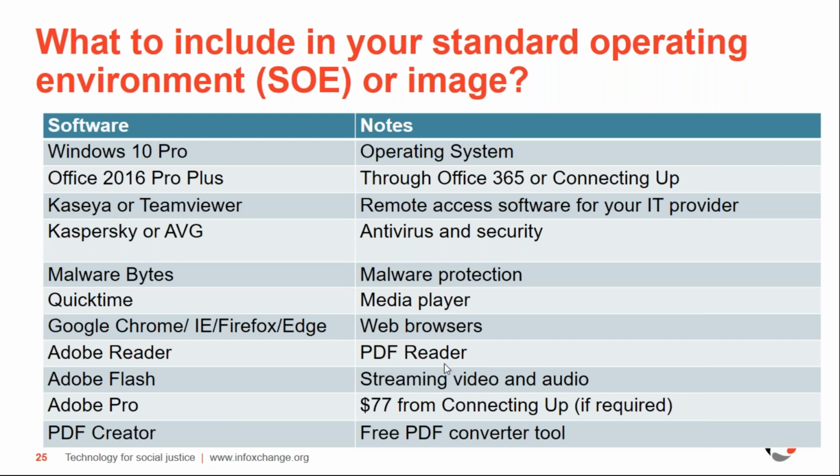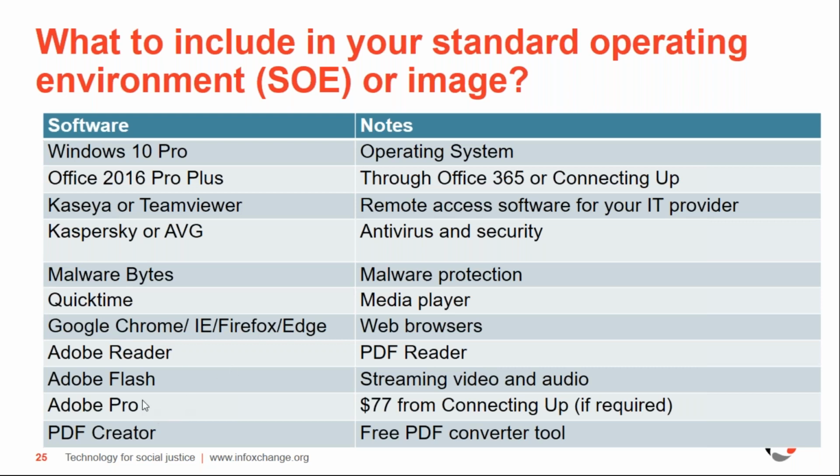PDF reader, so reading PDFs as they come in. Now this isn't the Acrobat version. You can purchase that from Connecting Up, all not-for-profits, unless this has changed. From my understanding, each not-for-profit gets about 4 licenses of Acrobat Pro standalone version that can be purchased through Connecting Up for $77, which will enable you to merge PDFs, not just read them, but actually manipulate them.